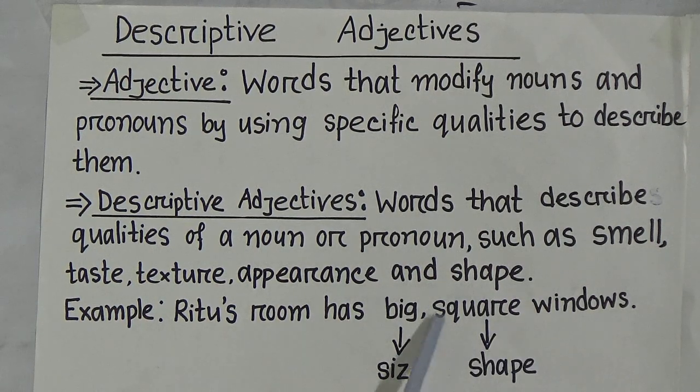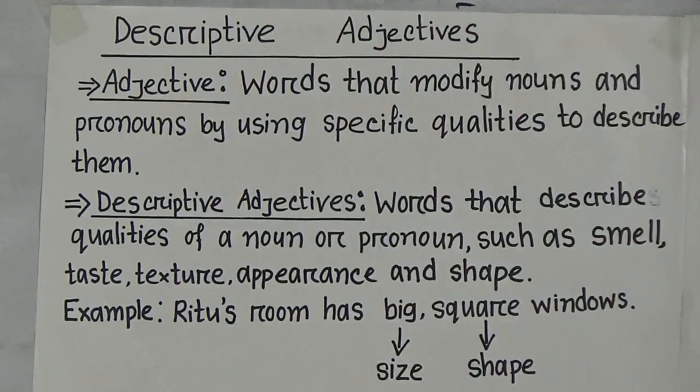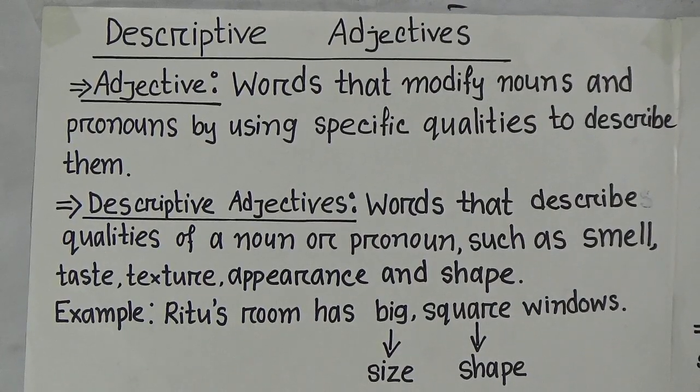That means we are describing the shape of the windows. And if you ask how is the size of the windows, you will find big. That means big size. So, size, shape and others are described by descriptive adjectives.